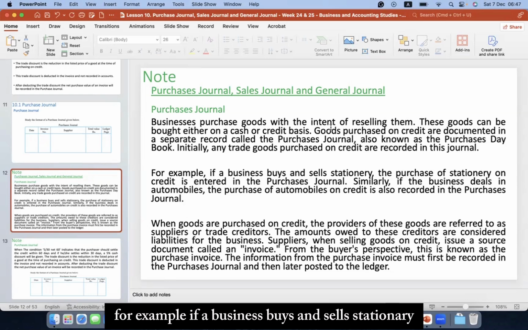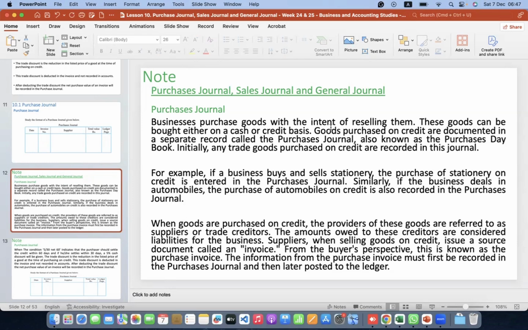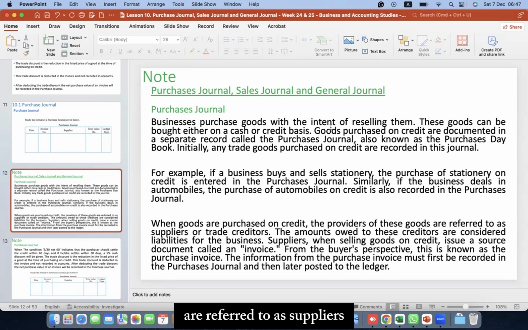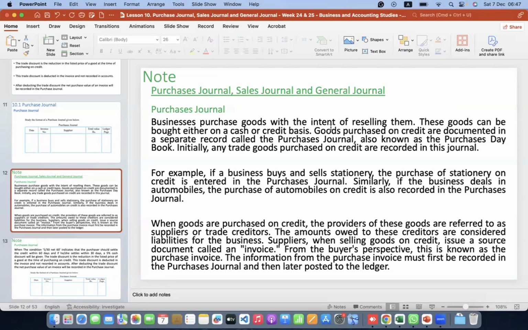For example, if a business buys and sells stationery, the purchase of stationery on credit is entered in the purchase journal. Similarly, if the business deals in automobiles, the purchases of automobiles on credit are also recorded in the purchases journal. When goods are purchased on credit, the providers of these goods are referred to as suppliers or trade creditors. The amount owed to these creditors is considered a liability for the business.